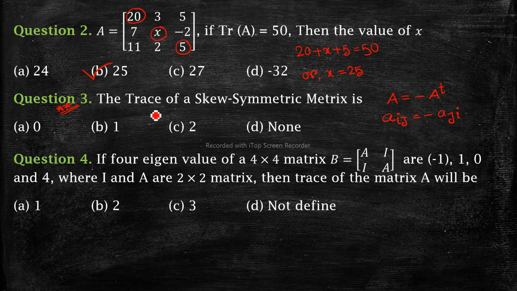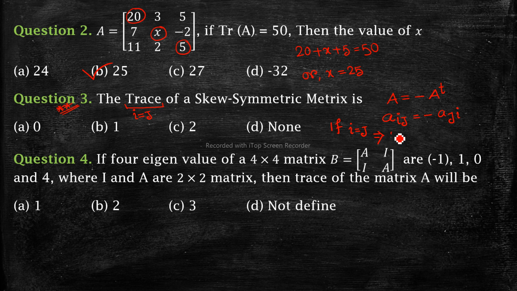And we know trace of a matrix means we are looking for i equals j. That means a11, a22 and a33, this kind of terms we are looking at. Yes or no? So here we can now find out the trace of a skew symmetric matrix. So if i equals j, what will we obtain?